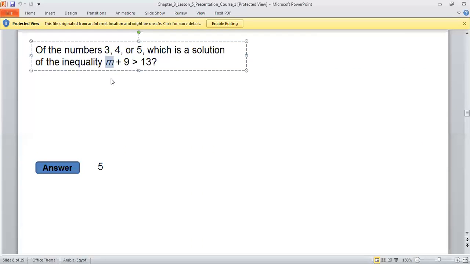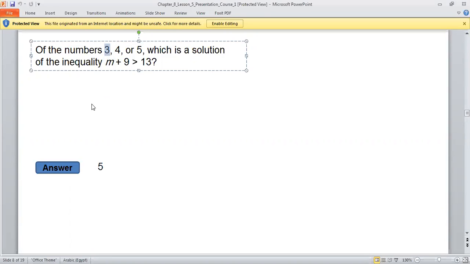Again, what do we do, Ahmed Naif? Firstly, my friend, I will remove M here and put 3, because the first number here is 3. We will replace M with 3. So 3 plus 9 equals what? 12.